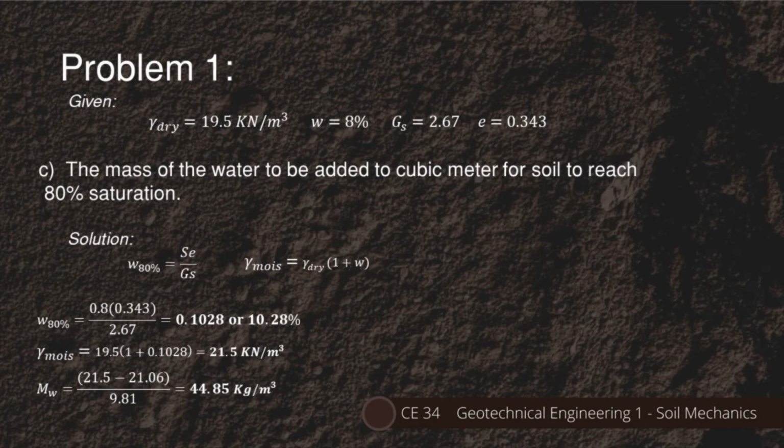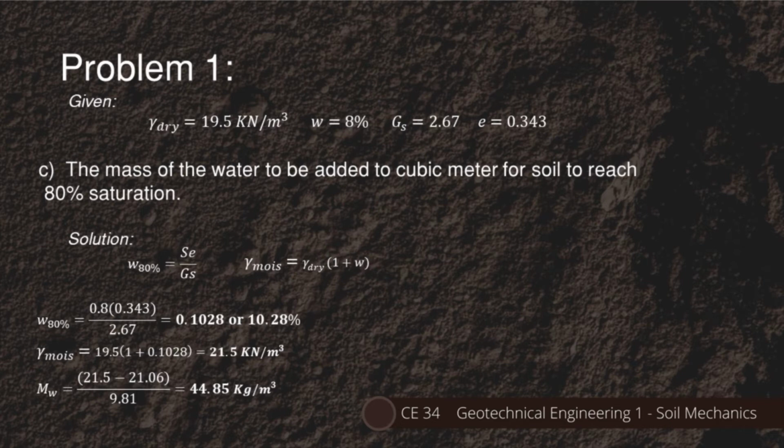We will be using the formula again for the moisture unit weight, which is equals to dry unit weight times 1 plus the water content.